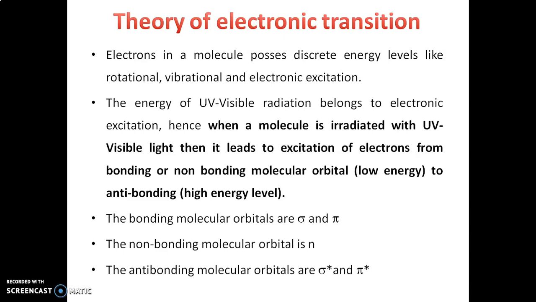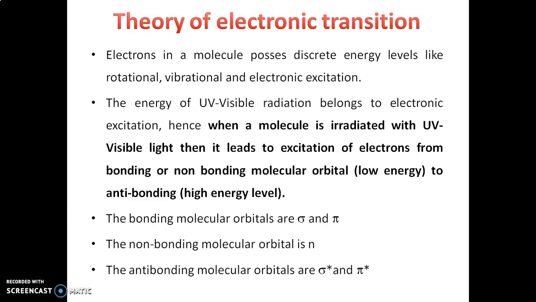In case a molecule consists of a sigma bond or pi bond, then the electrons belonging to the sigma bond and the pi bond are called lower energy level electrons. While if it consists of a heteroatom, then the lone pair of electrons present in the heteroatom are called lower energy electrons.